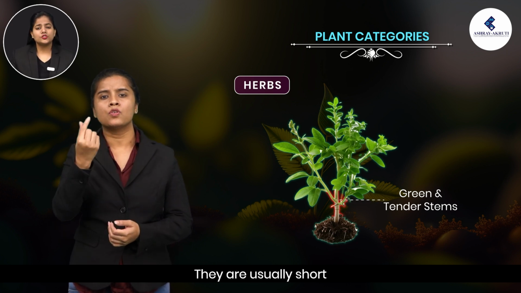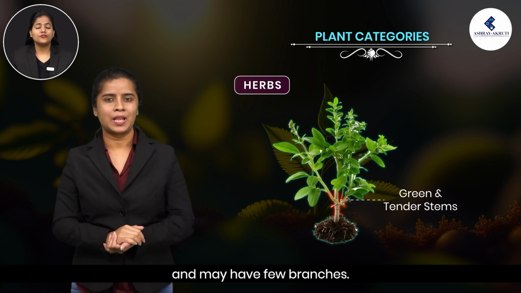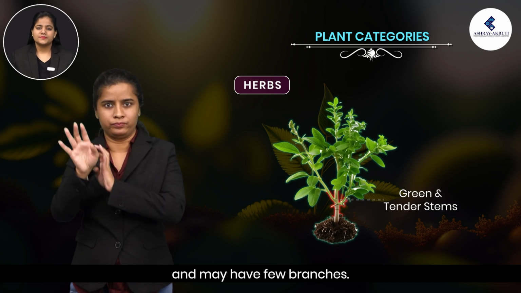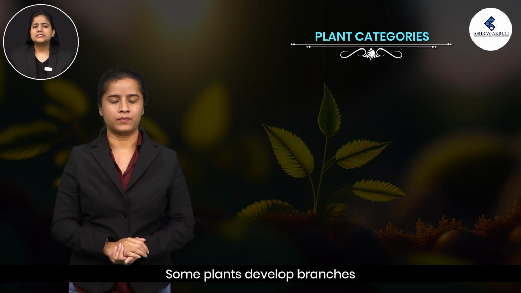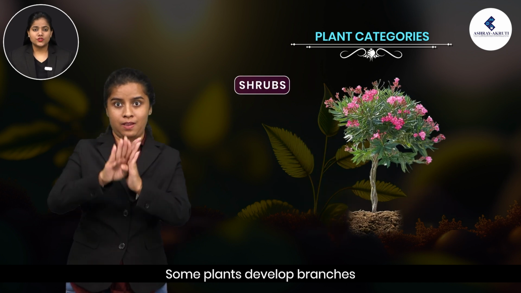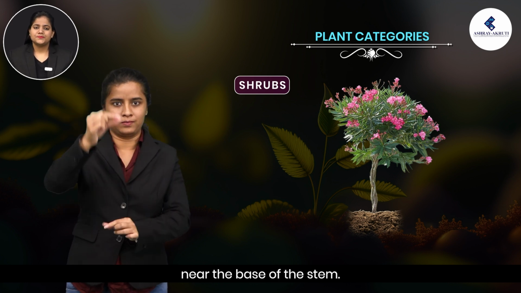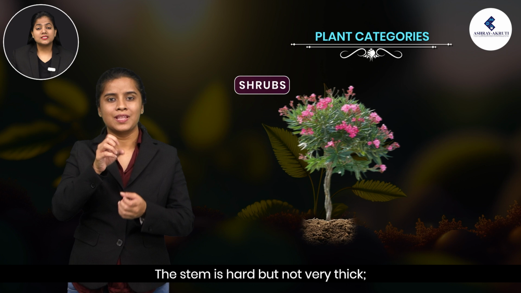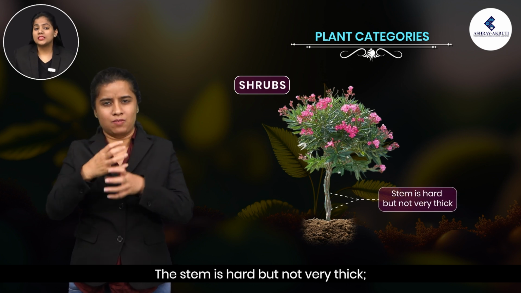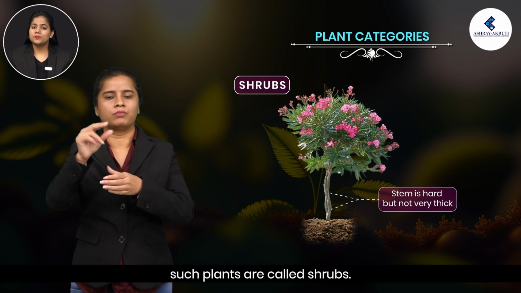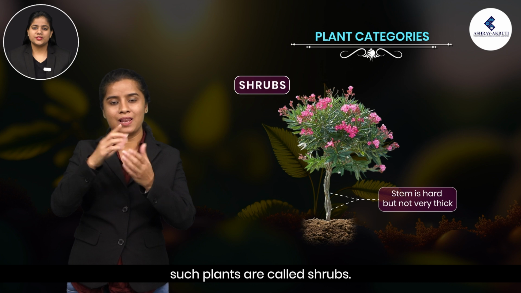They are usually short and may have few branches. Some plants develop branches near the base of the stem. The stem is hard but not very thick. Such plants are called shrubs.